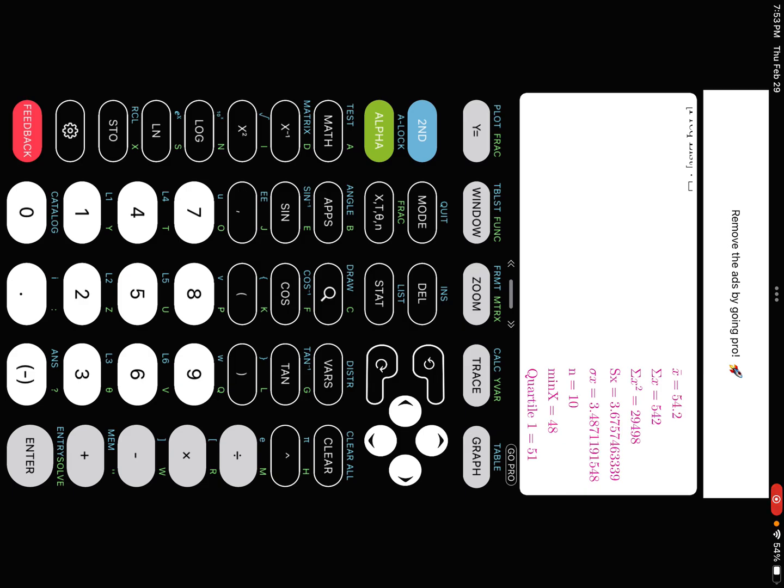You would take the population standard deviation, 3.68, you divide it by the square root of the number in the sample, square root of 10. But in this case, what we're doing with this sample is we're trying to estimate the population standard deviation, and that's where you use the big SX, 3.8.